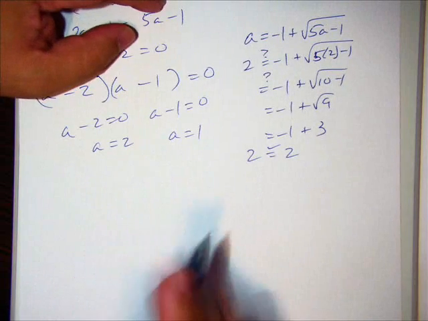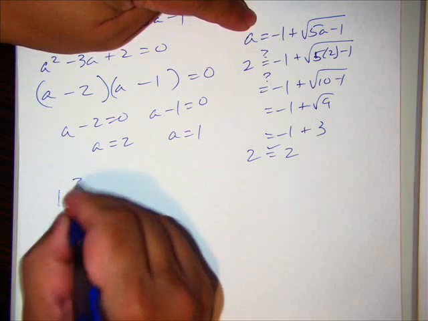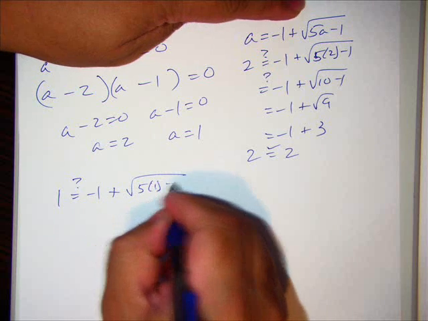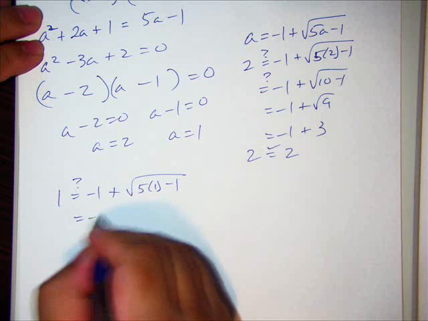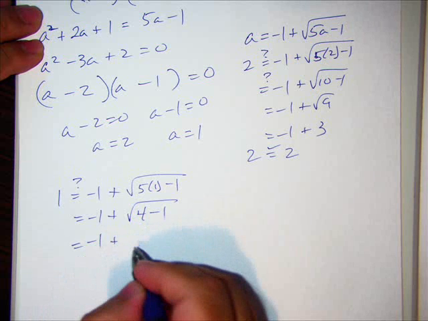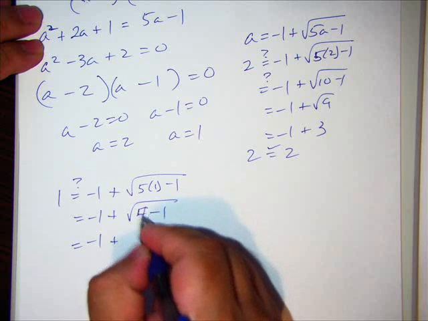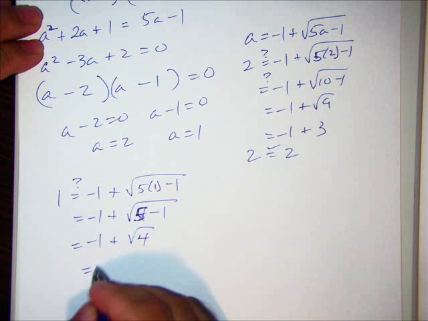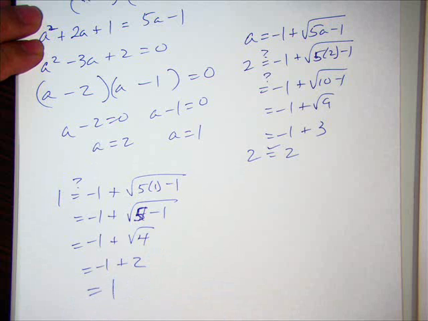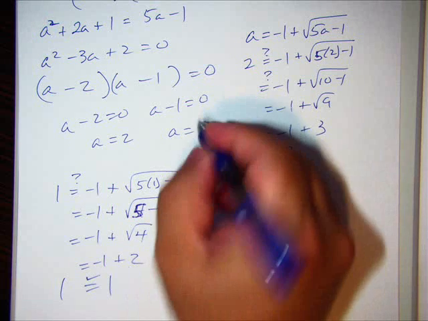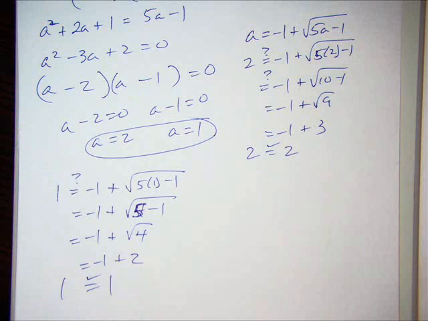Is 1 equal to negative 1 plus square root of 5 times 1 minus 1? Just working out the right-hand side, it is not 4 minus 1, it is 5 minus 1. Square root of 4 is 2, minus 1 is 1. Yep, 1 equals 1. So both answers work. Final answer for number 17: a equals 2 or a equals 1.